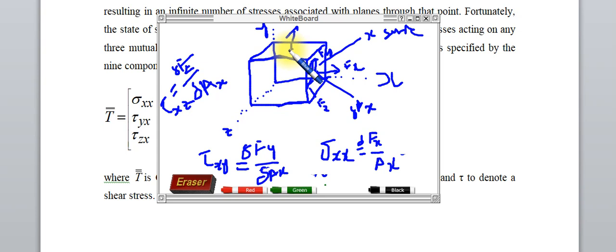Now for the y surface, there will be three: sigma yy, sigma yx, and sigma yz, and then three for this one, sigma zz, because the force acting on this area, in the z area, and the area is del Az, so that will be sigma zz.